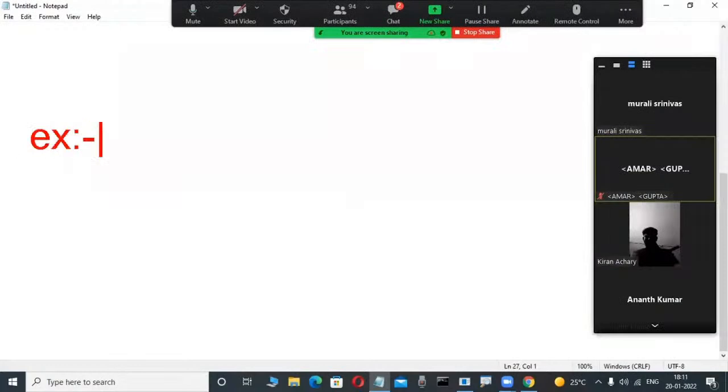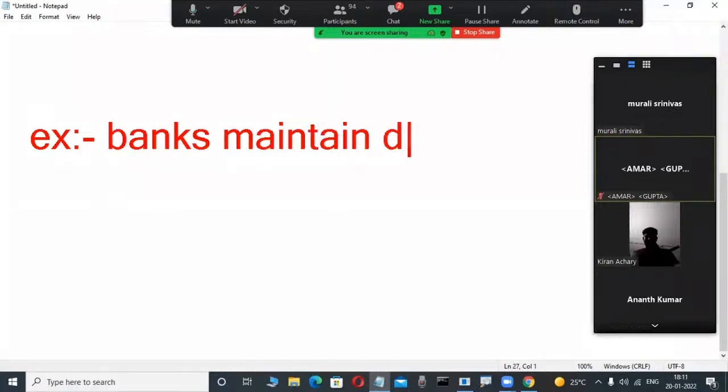So many applications are there. One of the applications I'm taking is the bank. Banks maintain databases. What is the purpose? They maintain a database for storing something. Suppose account holders deposit some amount. Your details, your name, address, phone number, your balance, your account number are important to store permanently.